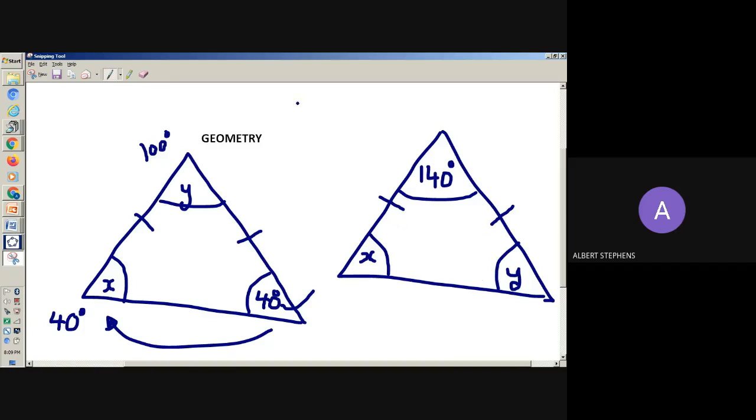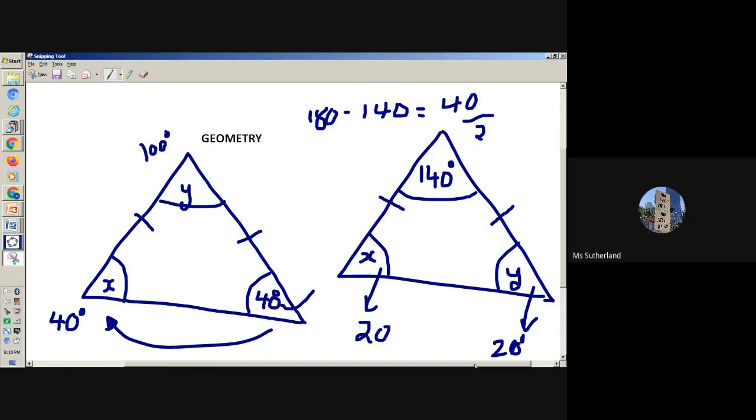So it's 180 subtract 140, and that is 40, not true? But because it's an isosceles, we divide by 2. So therefore this must be 20, and that must be 20. Everybody following? Yes, sir.